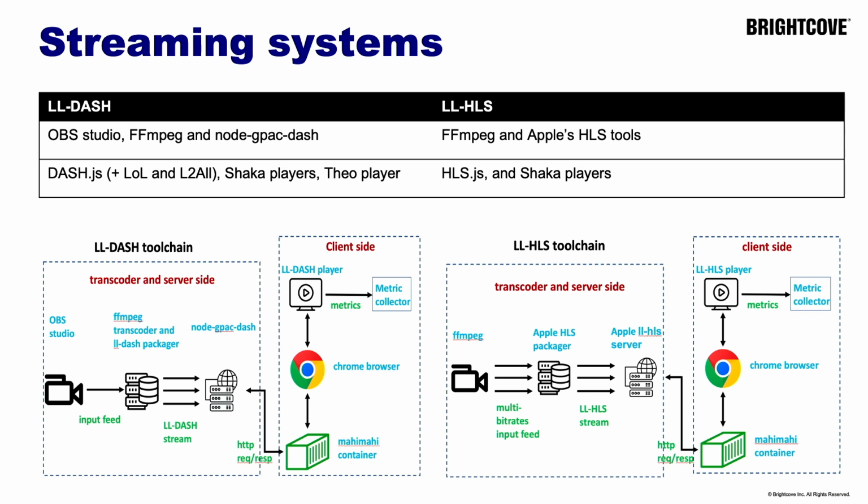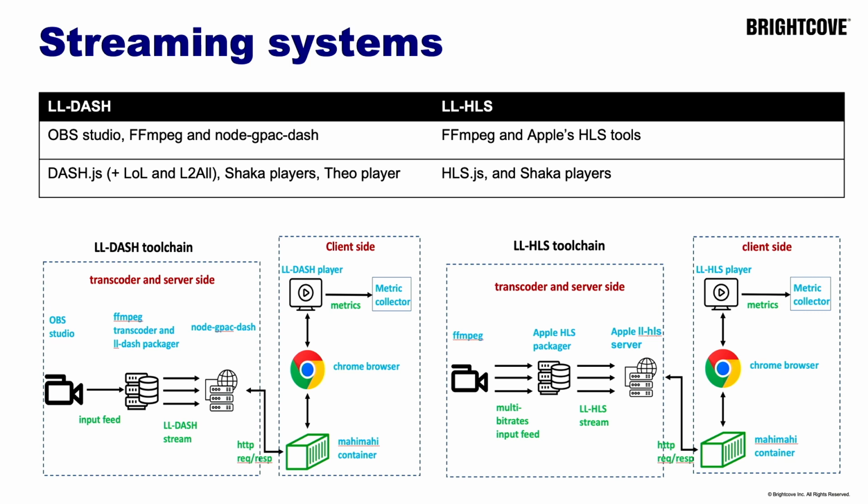The source stream is received by FFmpeg, which acts as the low latency DASH packager, which generates the low latency DASH manifest and also the media segments. Then those stream data are sent to the low latency DASH streaming server, which is Node GPAC DASH. It's GPAC software.